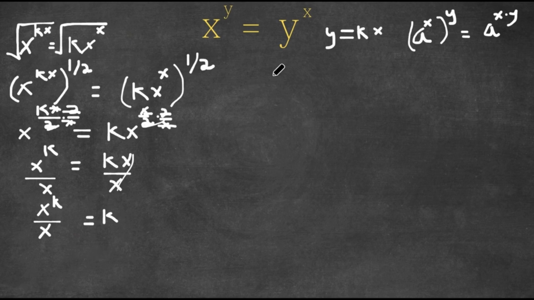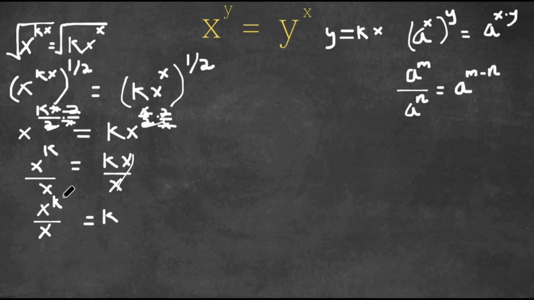Now, if we have a^m over a^n, for dividing exponents, this is the same thing as a to the power of m minus n.